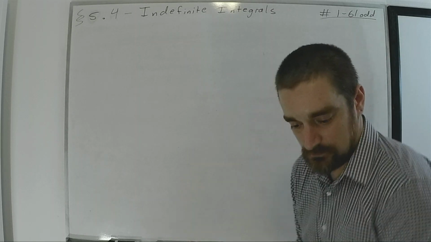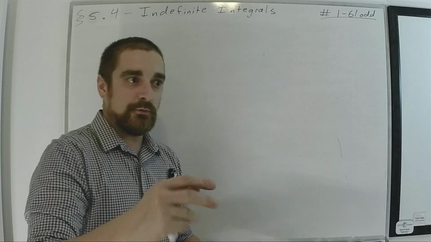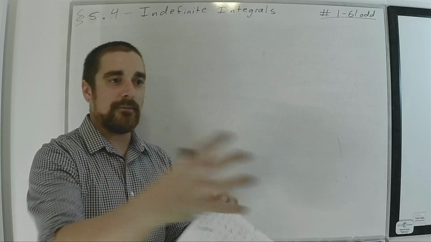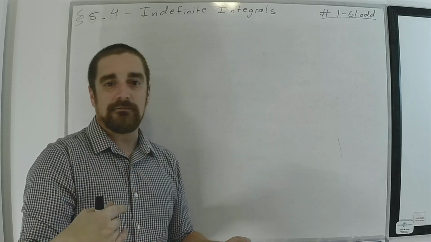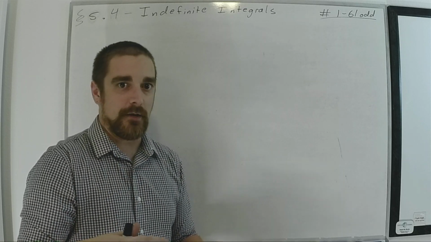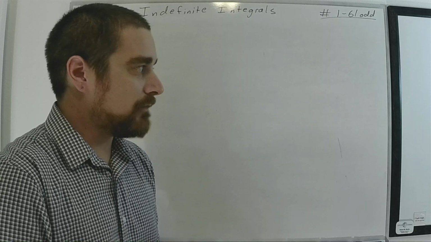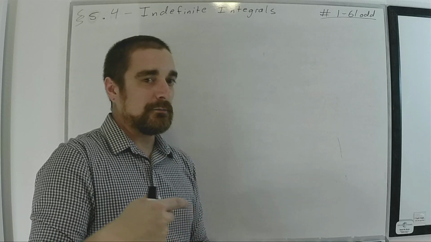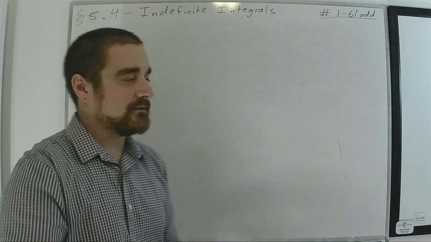Let's take a look at some examples, and like I said, in this section, really try and wrap up the big picture of what Chapter 5 really wants us to do. What does Chapter 5 expect of us? How are we going to finish this course and be prepared to move on to the next course?